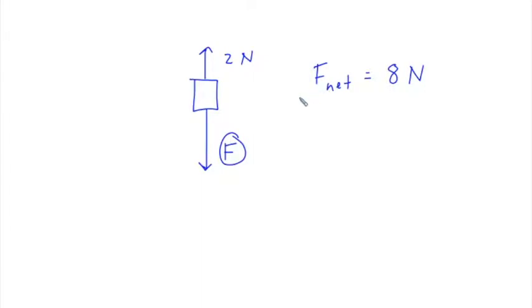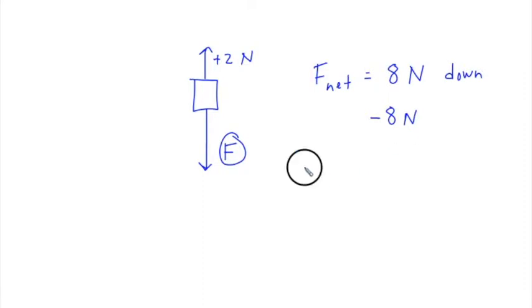Well, the net force is going to be these forces added together, except up we might call positive, and down would be negative. So if the net force is 8 newtons, really this should include a direction. Let's say 8 newtons down. Then we can say that's really the same thing as negative 8 newtons.